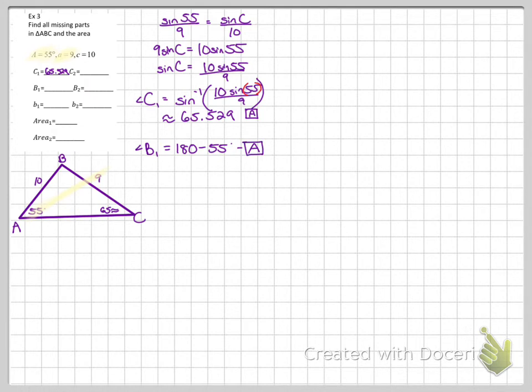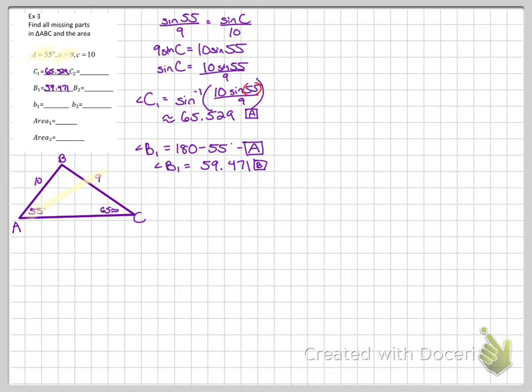Use button A. Angle B1 should equal 180 minus 55 minus alpha math. We'll subtract that A value for you, and you should get, and round to 3 decimals, 59.471, and store that in button B.